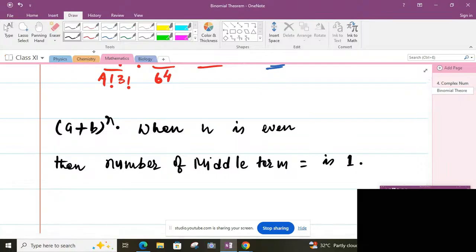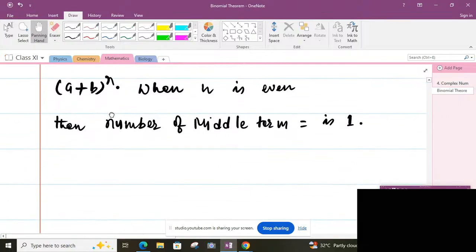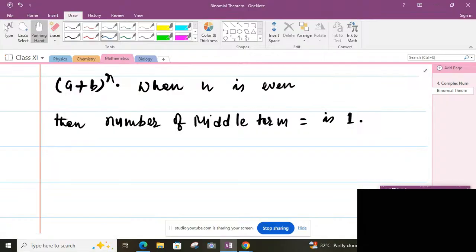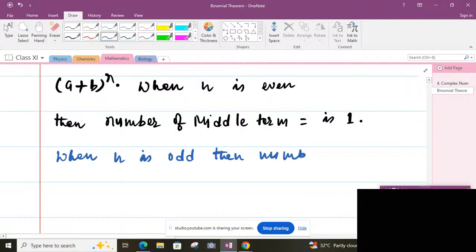And when n is odd, then the number of middle terms is 2.